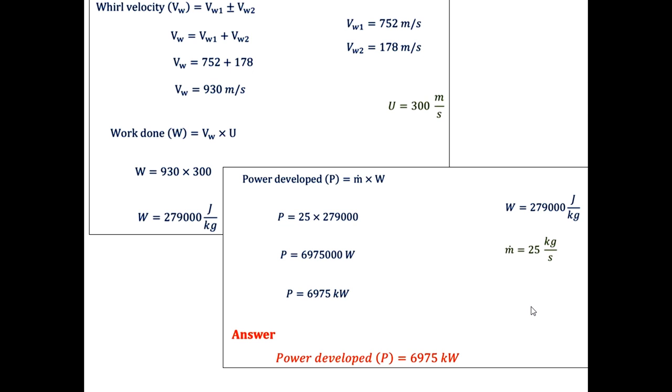So if you check by calculator, as per our reference, we have to write the answer in kilojoules or kilowatts. So what I'll do here is 2,79,000 joules per kg, I will divide by 1000. So once you divide by 1000, I'll get 279 kilojoules per kg. Correct?